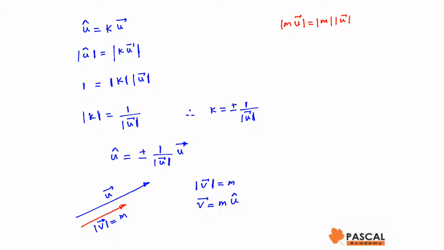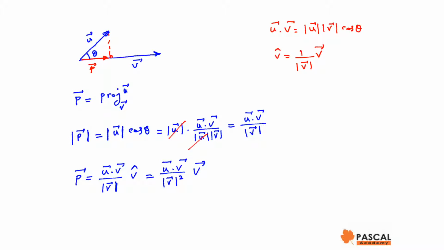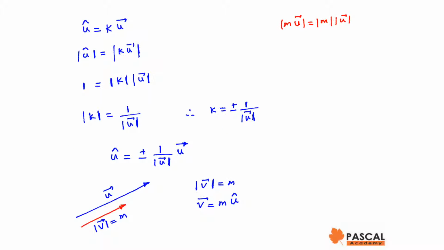Therefore, v can be written as m times size of u times u hat. Notice that we used u because v is a vector in direction of u.